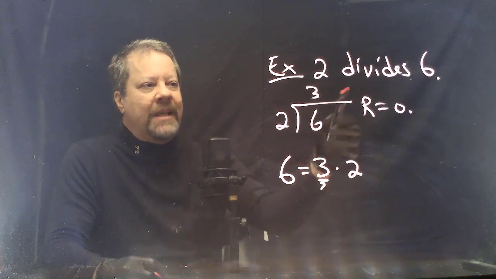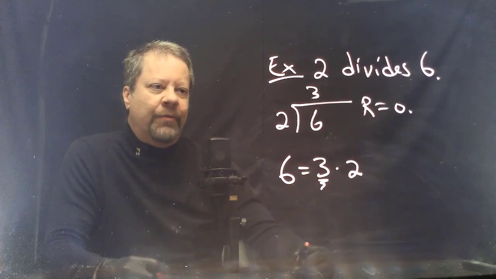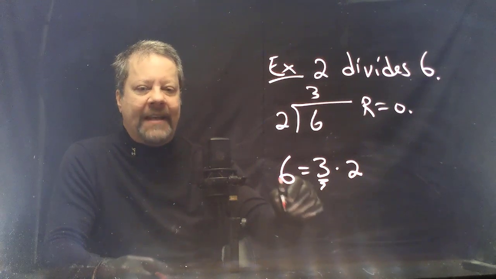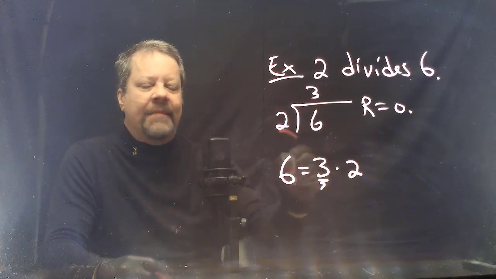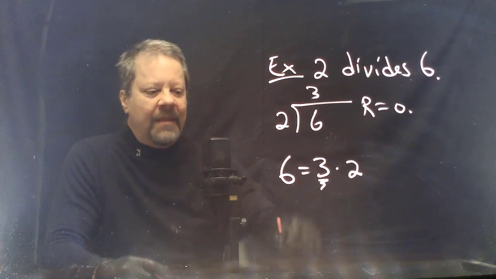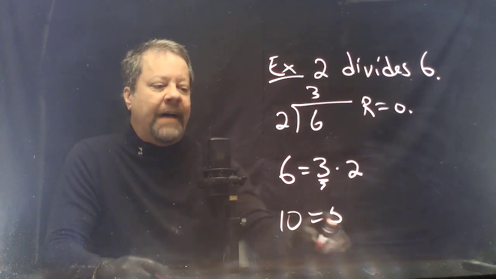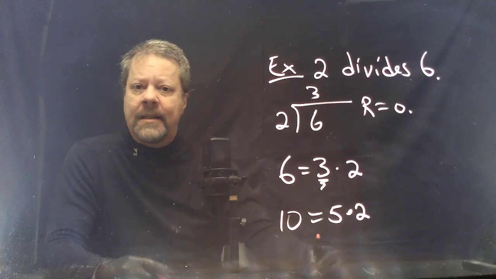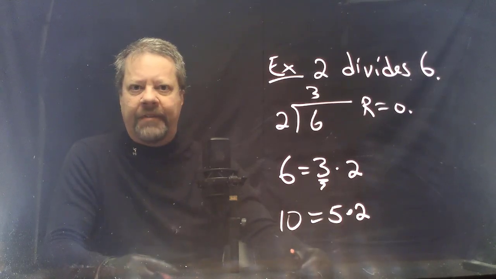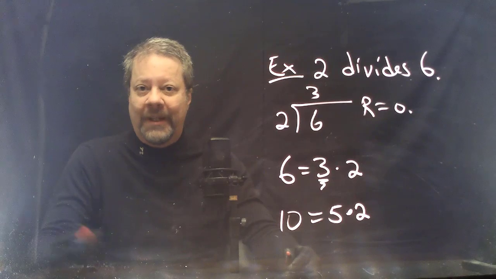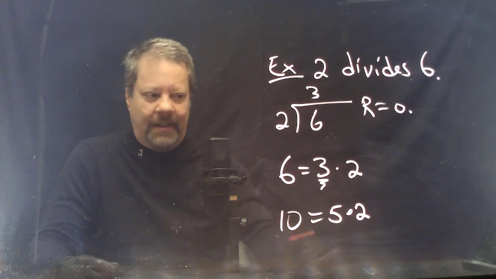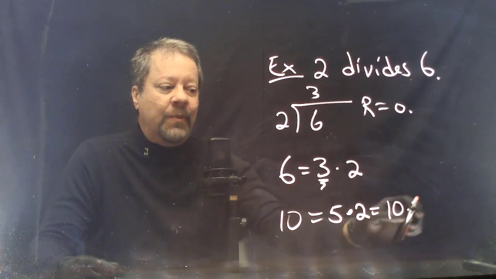So 2 goes evenly into a number if, when you divide, the remainder is 0. And so you get that number is 2 times some other number. So 10 is 5 times 2. So 2 divides 10. Also, 5 divides 10. We can even go further to say that 1 divides 10 and also 10 divides 10, because we could write this as 10 times 1.